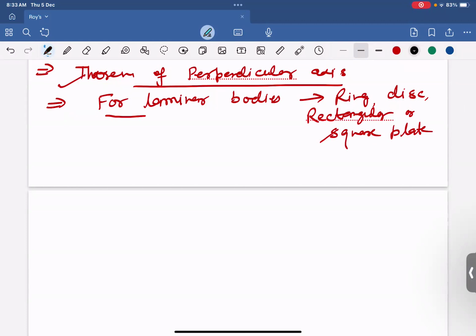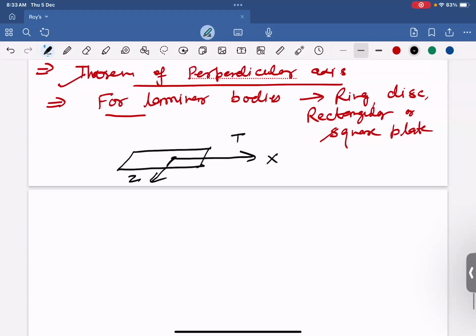And it says that if you have any body, any sheet that you have kept in some plane, let's suppose the yz plane, and any point, if I say this is x-axis, and this I'll take as z-axis, and about x-axis we have moment of inertia Ix, and about z-axis I have moment of inertia Iz.